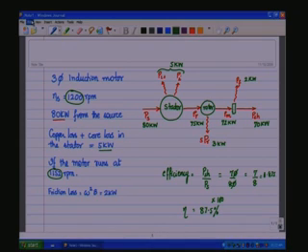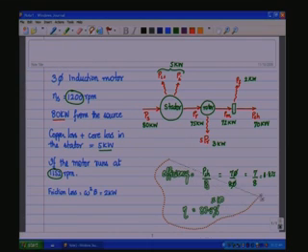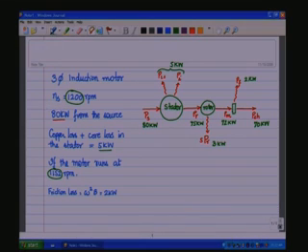Now let us see what is the torque. See, the torque that is generated by the rotor can be found out by the power.